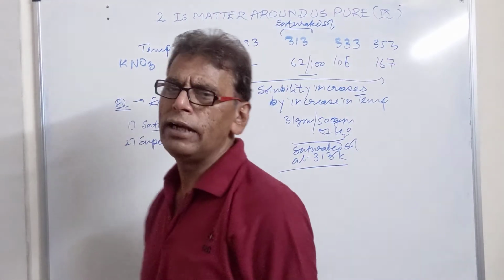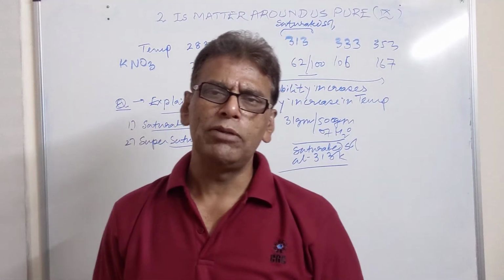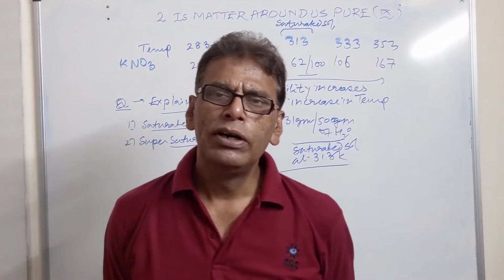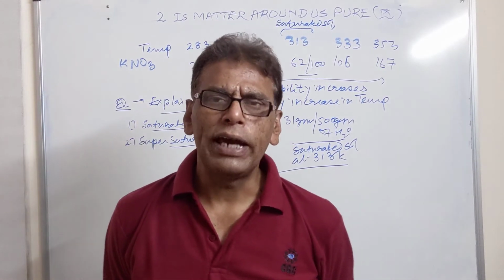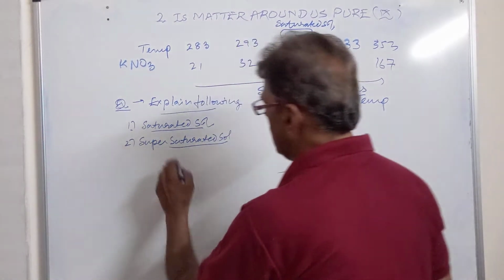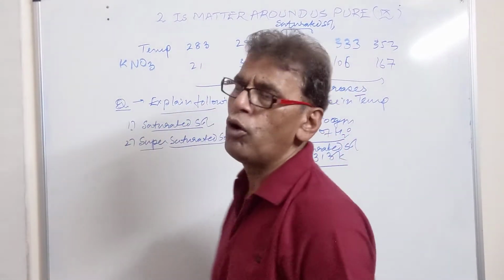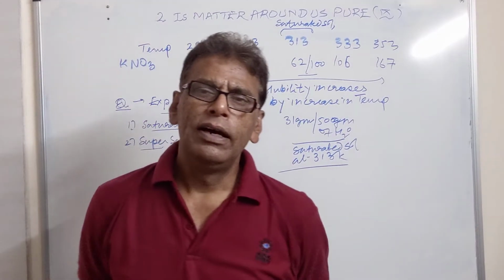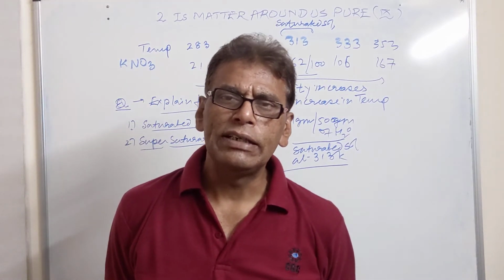A saturated solution is that solution which contains the maximum amount of dissolved solute. Beyond this point, no more solute can be dissolved. And a supersaturated solution contains more solute than can be dissolved at the saturation state.